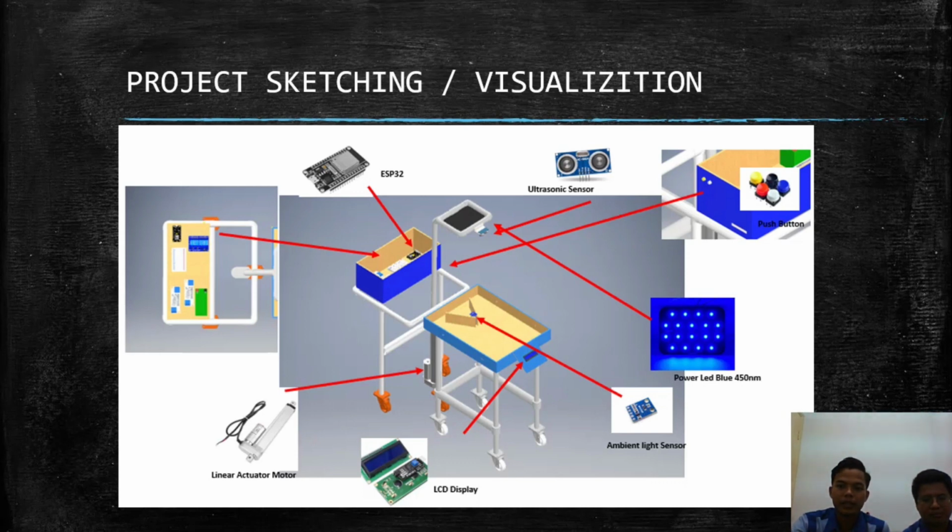The push button of the linear actuator we place at the side of the casing so the user can change the distance while observing the data on the LCD display.